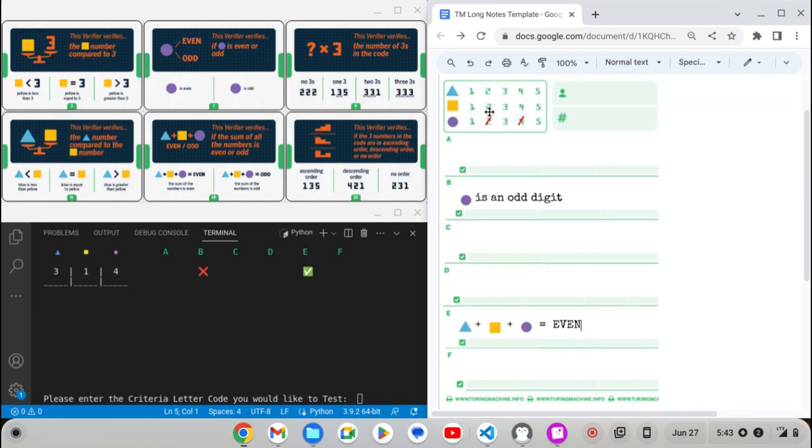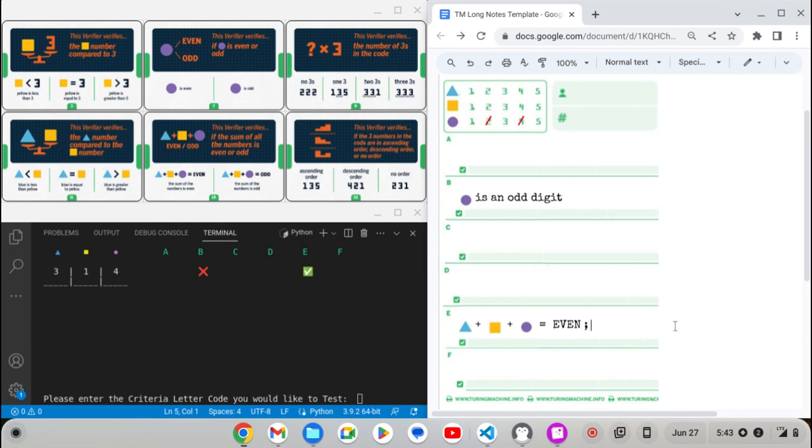And the reason is, if one of them's an odd and it gets added to circle, which is also odd, well, those two odds give us an even, and then the other one, triangle or square, must be an even. So basically, triangle and square are one is even and the other is odd.